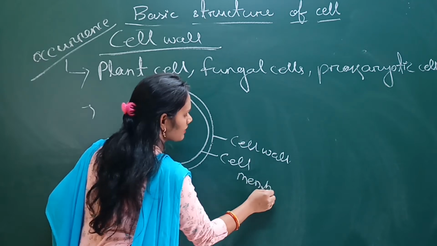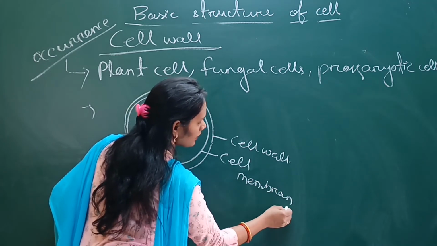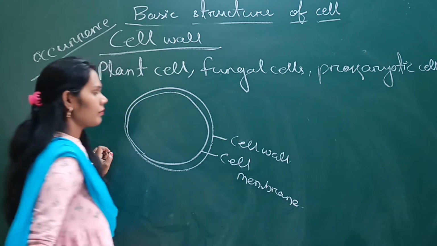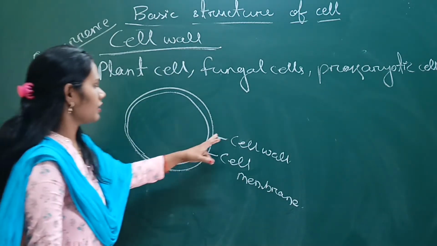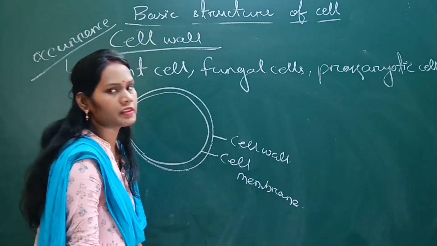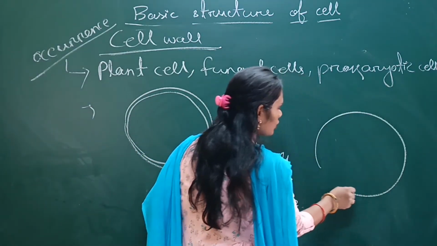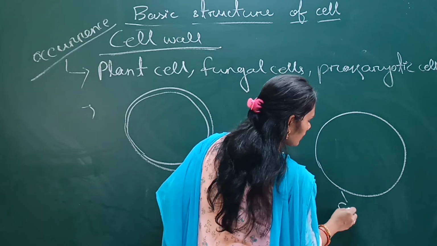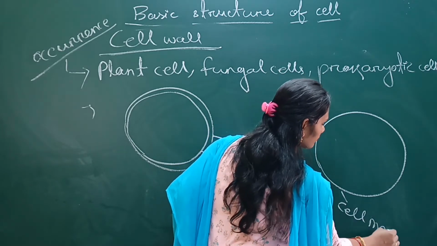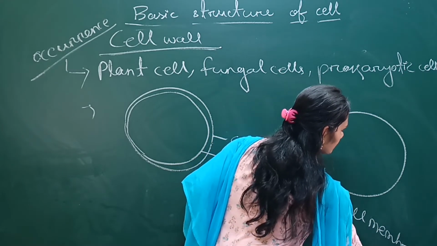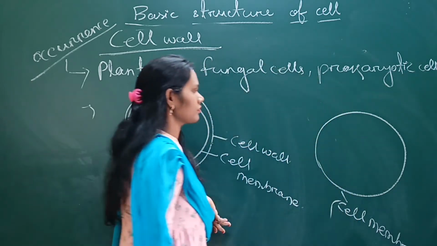Okay. In a plant cell, there are two coverings in the cell. First, the outermost is the cell wall, and next, the innermost is the cell membrane. But in an animal cell, there is only one outermost layer, and that is called the cell membrane. Okay.